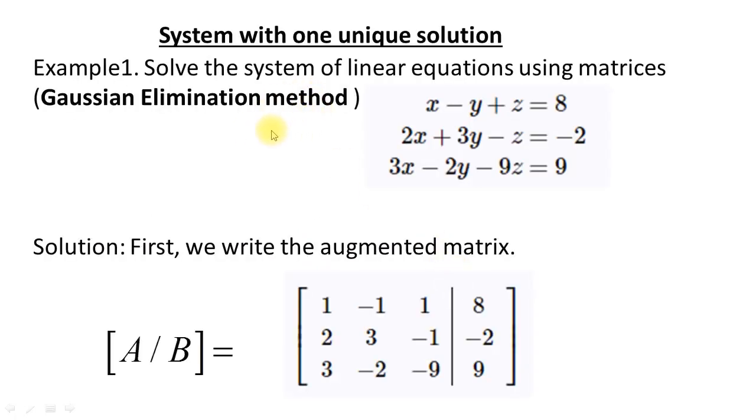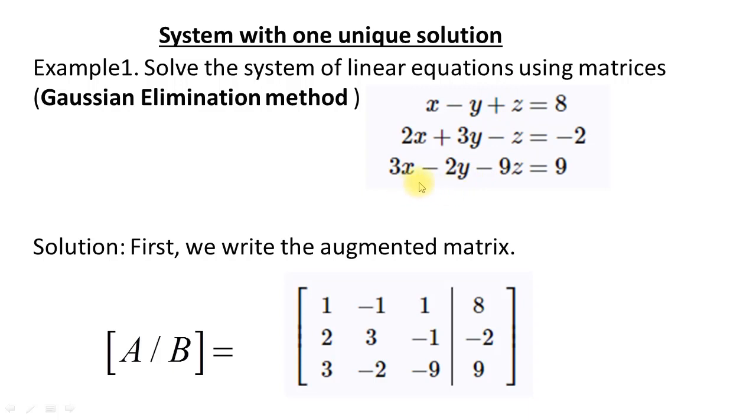Now let's move on. For example, suppose we have a system of three equations: x minus y plus z is equal to 8, and 2x plus 3y minus z is equal to minus 2, and 3x minus 2y minus 9z is equal to 9. Dear students, this system has one unique solution, and at the end you will see that this system has a unique solution.